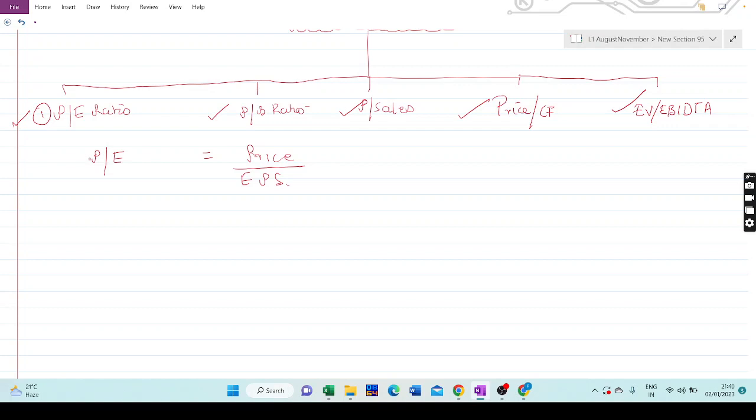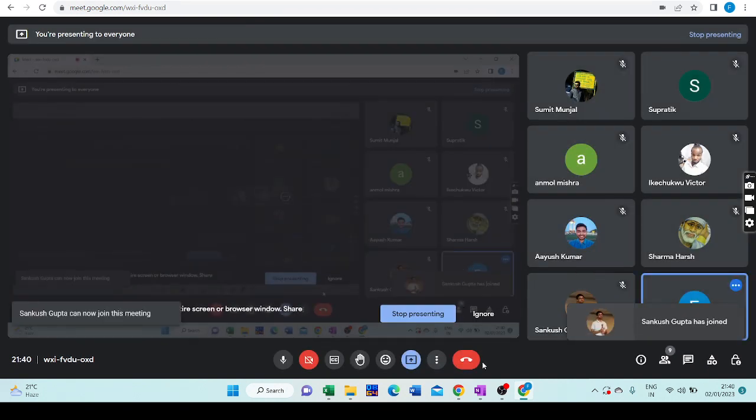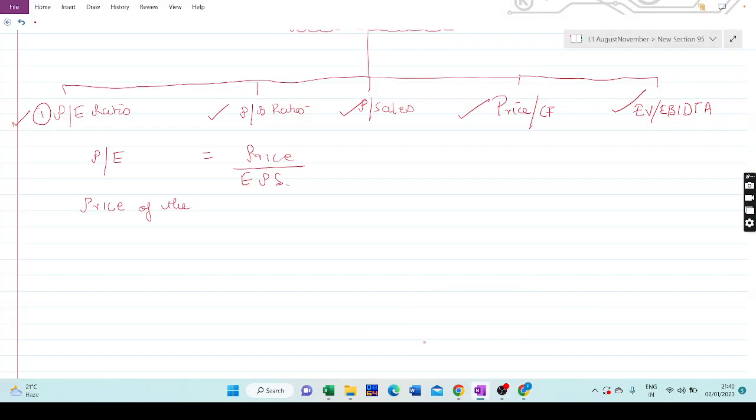Say the price of the stock is 100 and the EPS of the stock is 5.